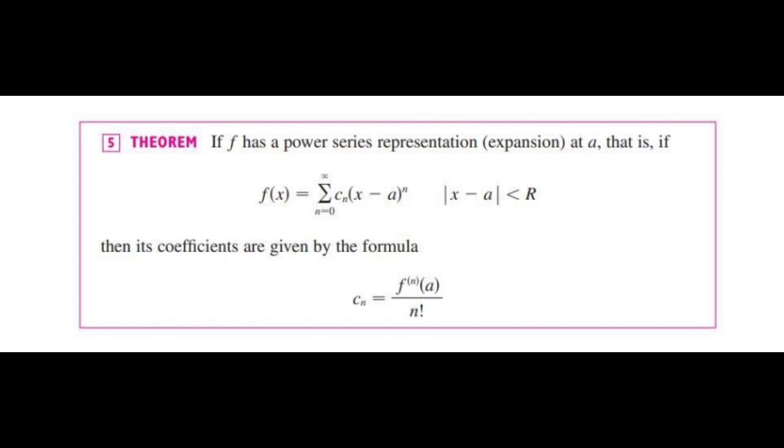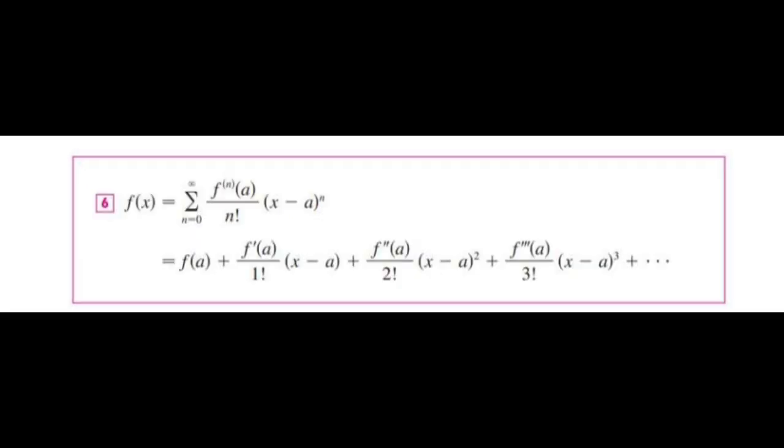By substituting this formula for c sub n back into the series, we see that if f has a power series expansion at a, then it must be of the following form.